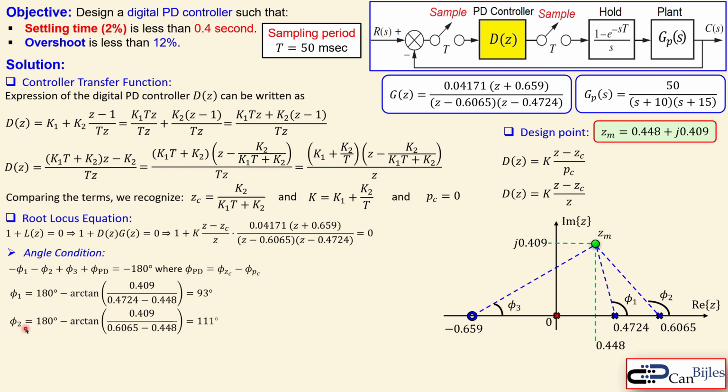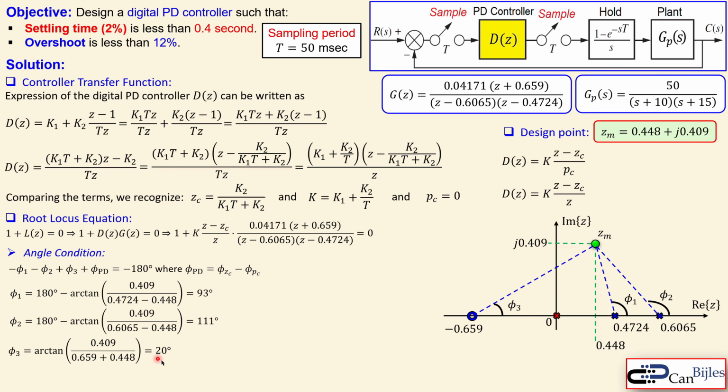Similarly, you can calculate the phi 2 angle here, and that will give you 111 degrees. Phi 3 is this angle, which is smaller than 90 degrees, so we can directly use the arctangent formula, which is again the height divided by this distance. In this case, this distance here is 0.659 plus 0.448.